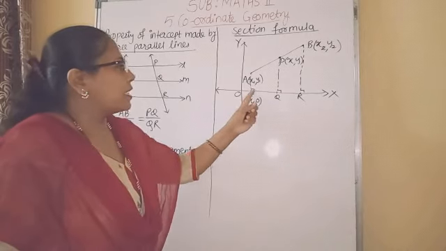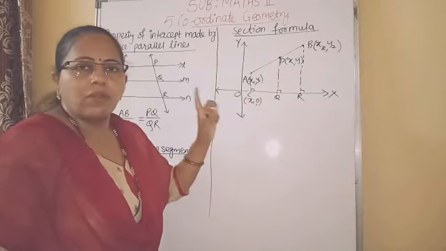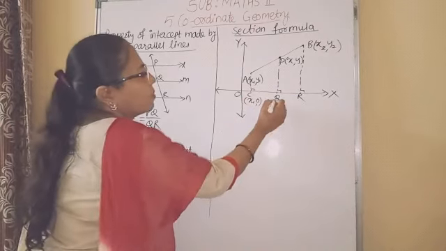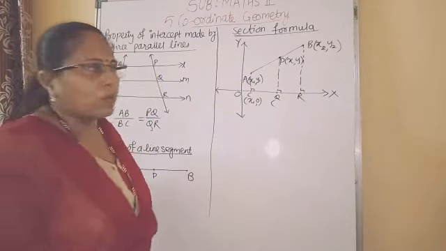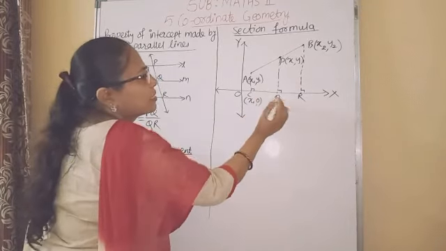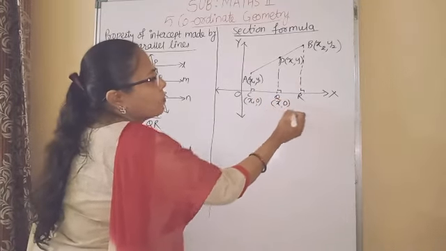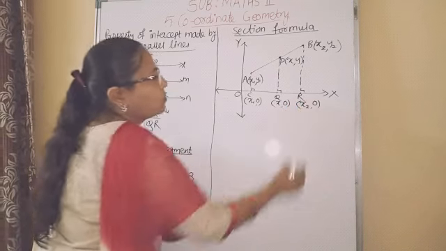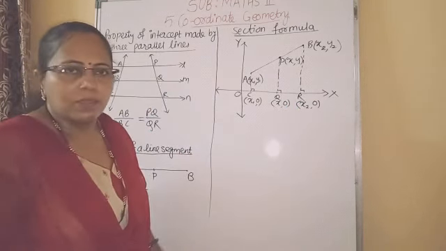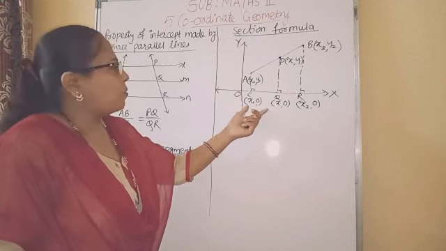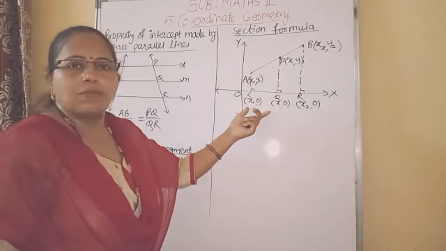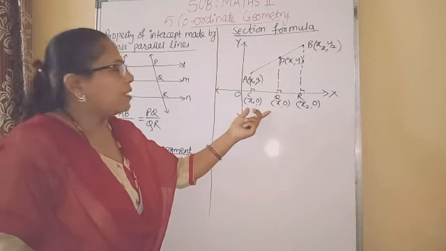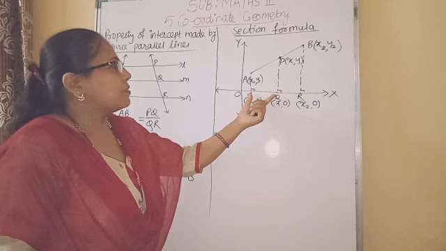Why? Because these are on the x-axis, so their y coordinate is 0. Coordinates of point Q are x, 0. And coordinates of point R are x2, 0. Understood?